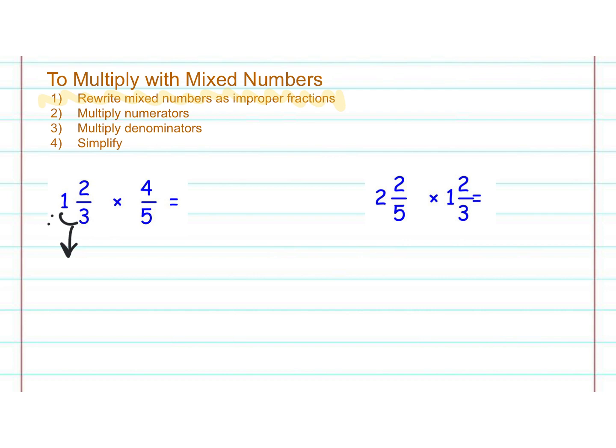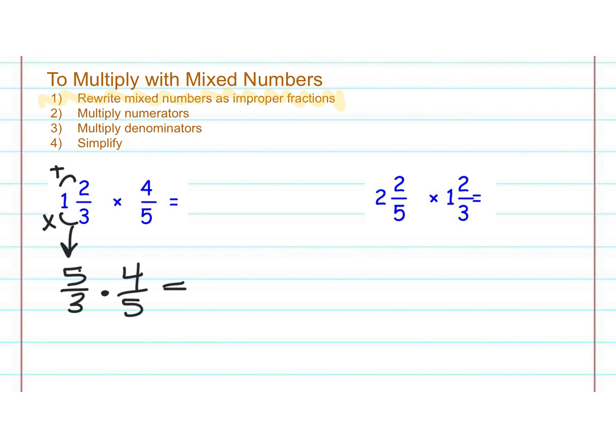So we would do 3 times 1, which is 3, plus 2. So we have 5/3 times 4/5. I didn't change anything to my second fraction, but I'm rewriting it so I can see it nice and clearly and organized. And then we multiply like normal fractions.